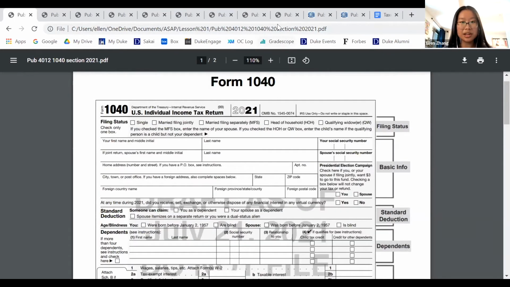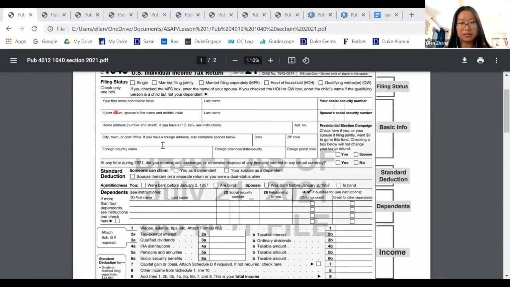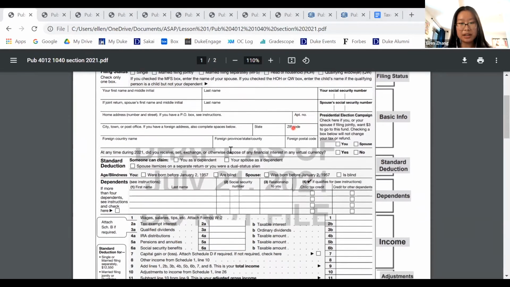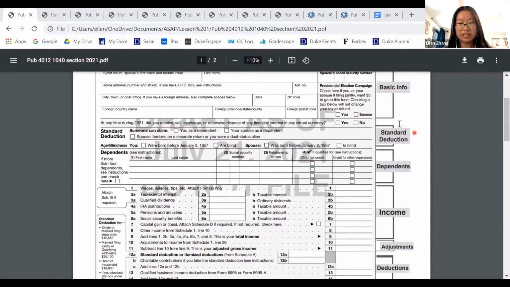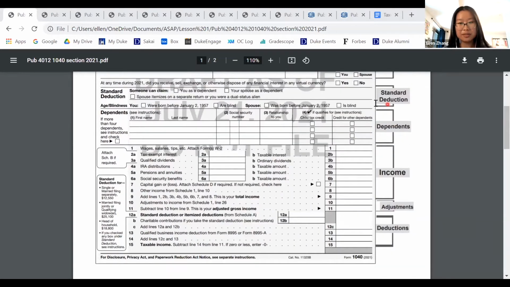So last session, we covered filing status, which is the very top section here, some basic information about yourself, and the dependents section here. We did skip over standard deduction. That comes up later down here on line 12A. So we'll be getting to that in the next session after this one. And in this lesson, we're going to be talking mostly about income, which is this large chunk of the 1040 right here, and a little bit about adjustments.